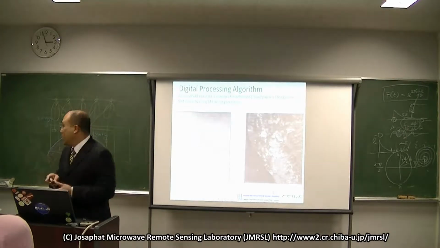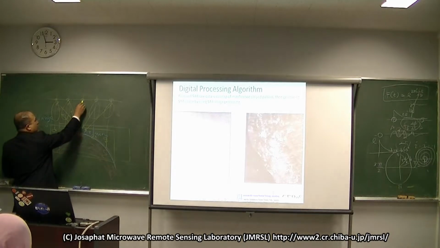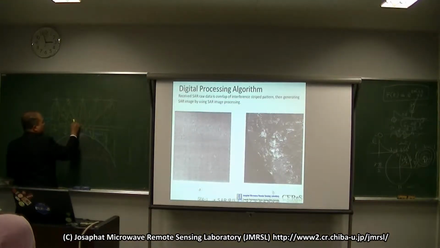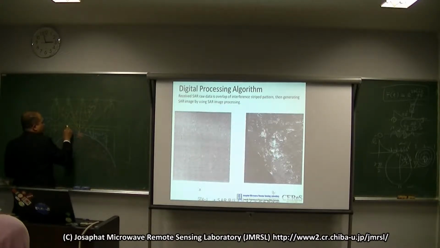It depends on the beam width of your antenna. For example, here is P0, the maximum, and here P0 divided by 2, or minus 3 dB. So this width is the block.